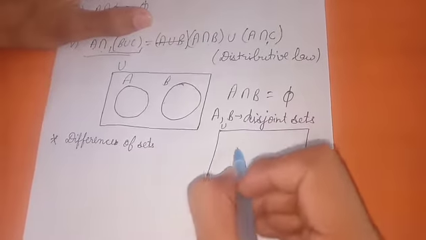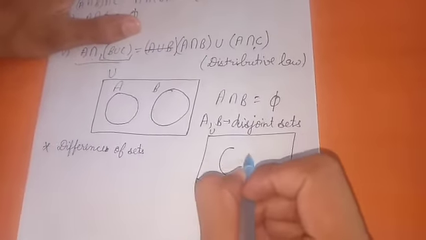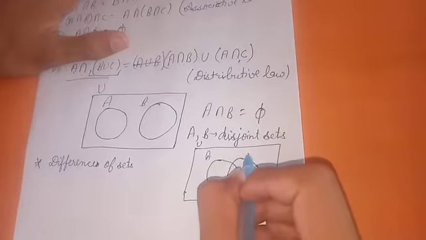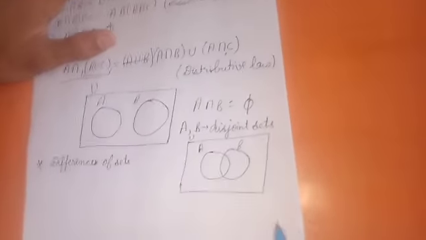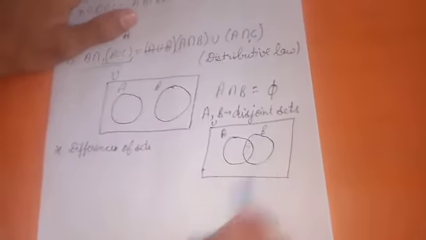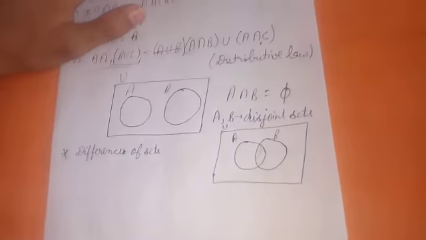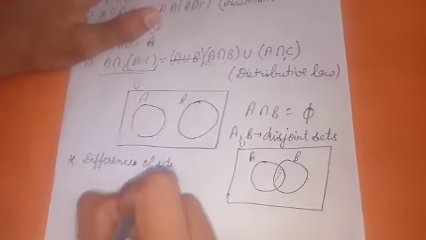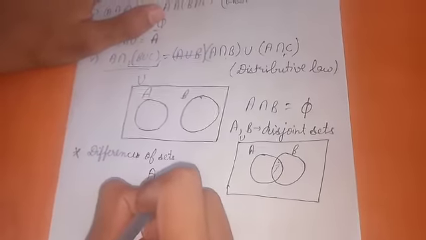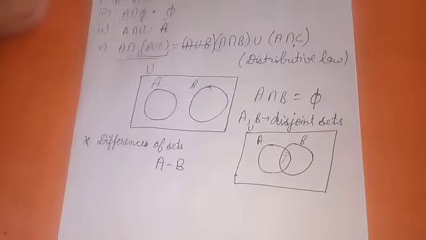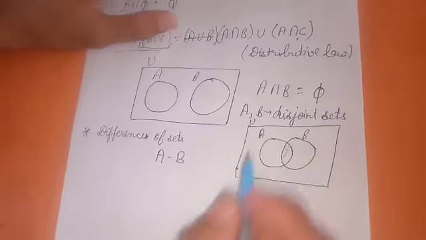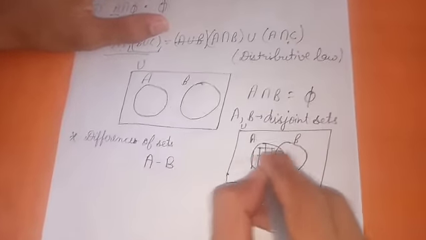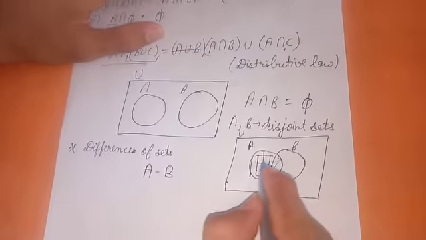It is my universal set U. It is my set A and it is B. It is seen that some elements are common in both. Now if they ask me to find A minus B, what will be my area? That will be this, only these elements.